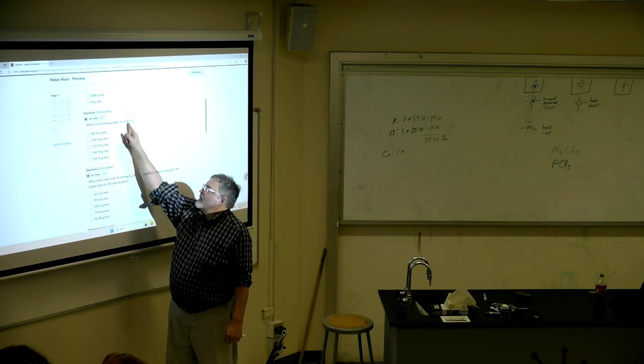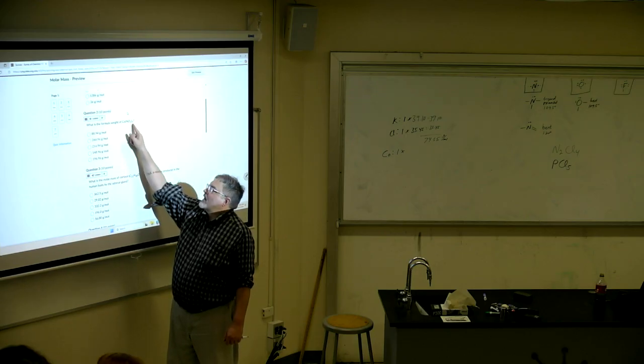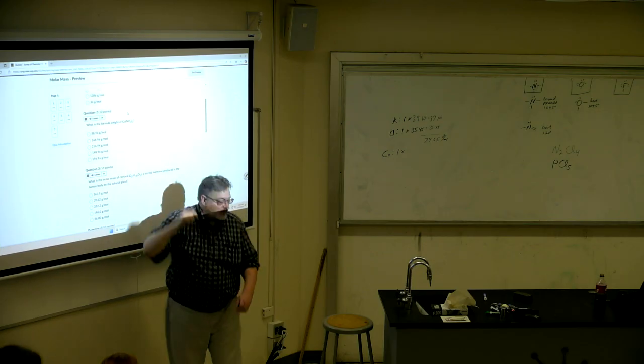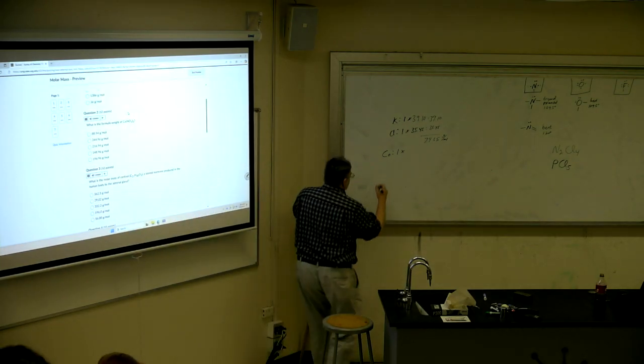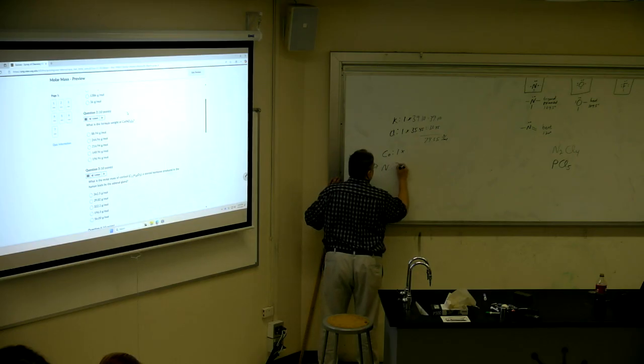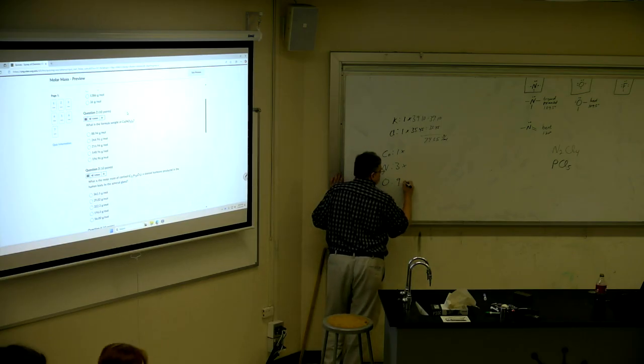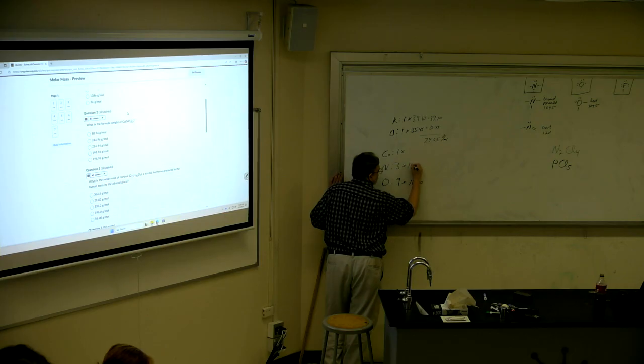You actually have 9 oxygens and 3 nitrogens. And if you picture there being a 1 there with the nitrogen, then all you're doing is you're taking this number outside and multiplying it by that number. So 1 times 3, that's 3 nitrogens. 3 nitrogens, and how many oxygens? 9 oxygens.